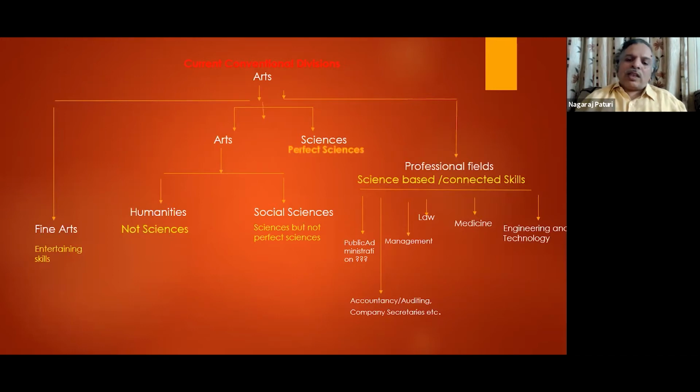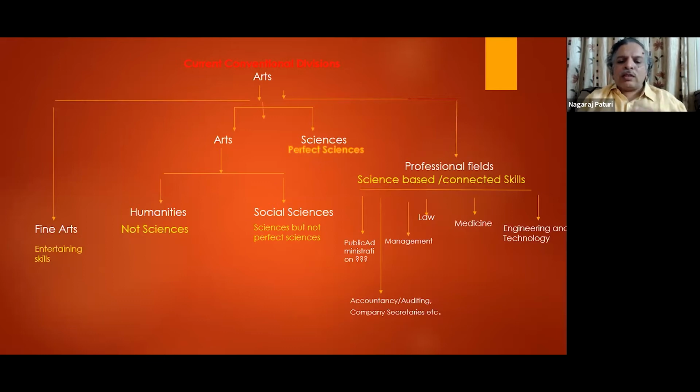So social sciences are sciences, but you did not call them sciences. You did not classify them under physics, chemistry, botany, zoology kind of sciences, which means that they are not perfect sciences. Perfect sciences are physics, chemistry, botany, zoology kind of sciences only, life sciences and sciences like physics and chemistry.